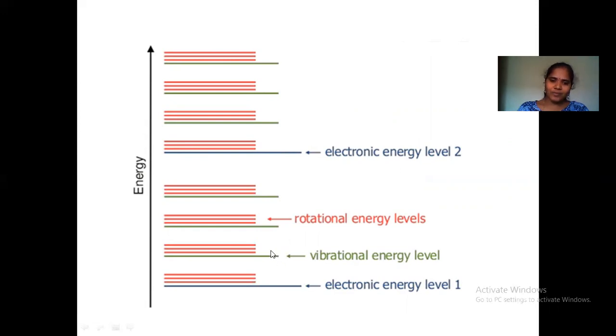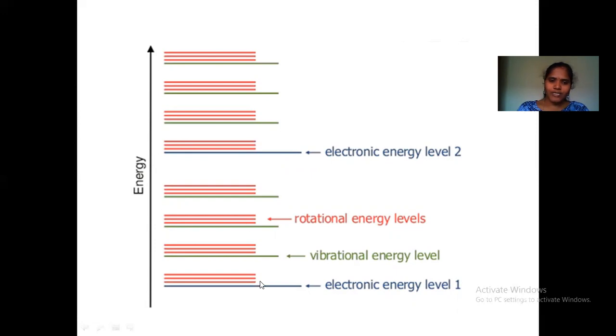And within each vibrational level, there are a number of rotational levels. You can observe here, in electronic energy level 2, I have a number of vibrational energy levels, and within each vibrational level, there are a number of rotational levels.